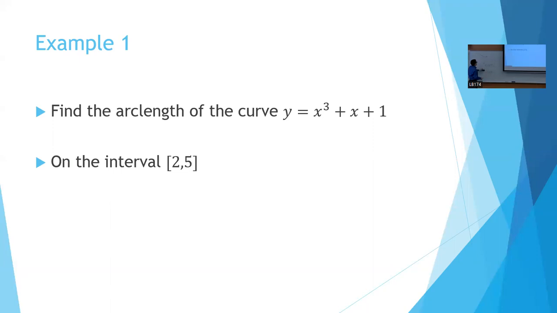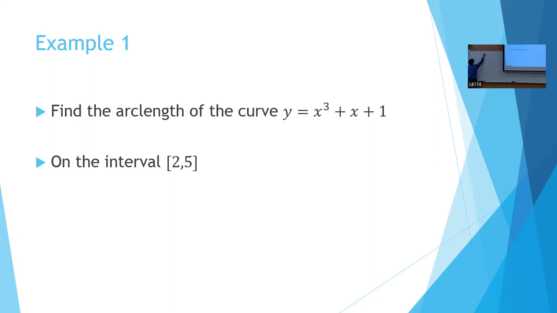So let's say we want to find the arc length of the curve y equals x to the third plus x plus 1 on the interval from 2 to 5.